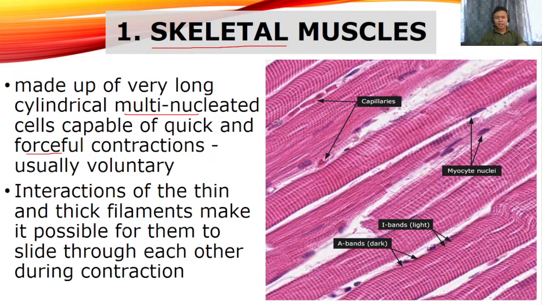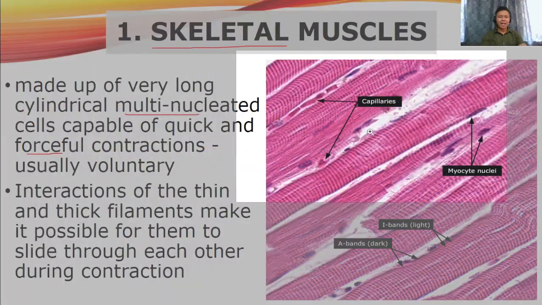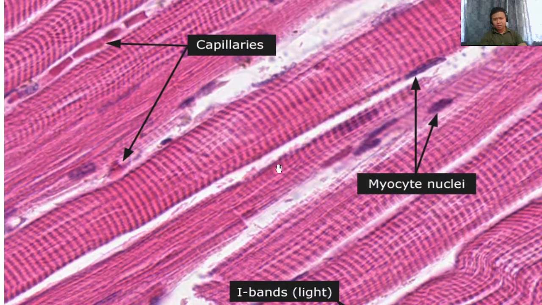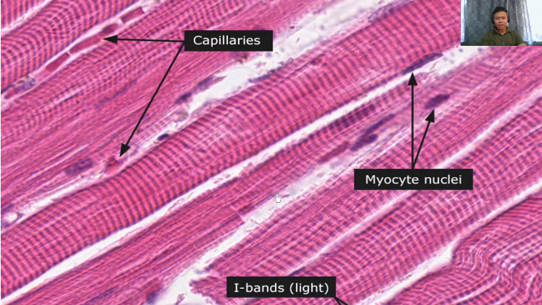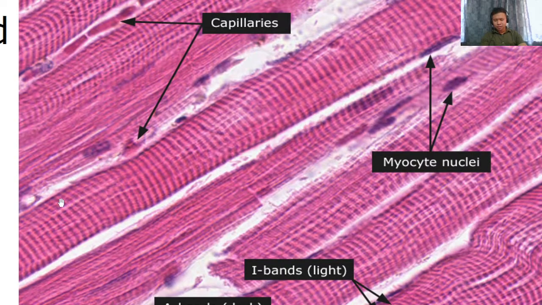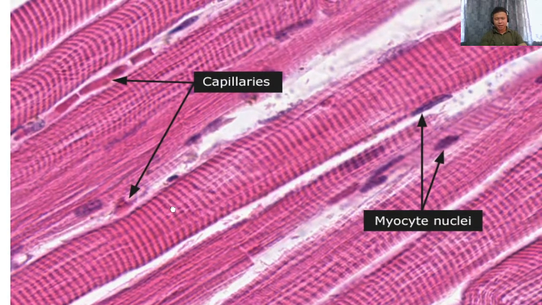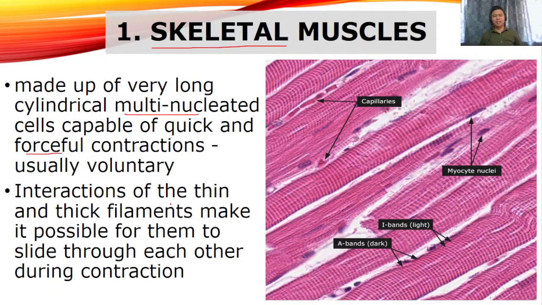Interactions of the thin and thick filaments make it possible for them to slide through each other during contractions, allowing them to move in a forceful manner. These are the muscle fibers lining together, supporting the skeletal component, linking with muscles, so it can move forcefully.